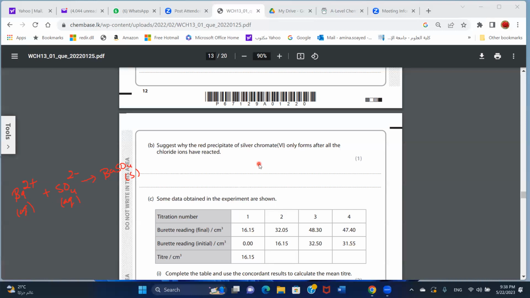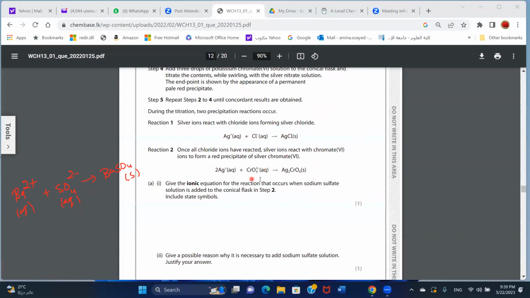Yes, and what happens if it is a white precipitate? It doesn't form except when all the chloride ions reacted with the silver ions and formed the silver chloride, of course. And then after all the chloride ions reacted, the silver will not have except the chromate ion to react with, and so it will react with it, isn't it?